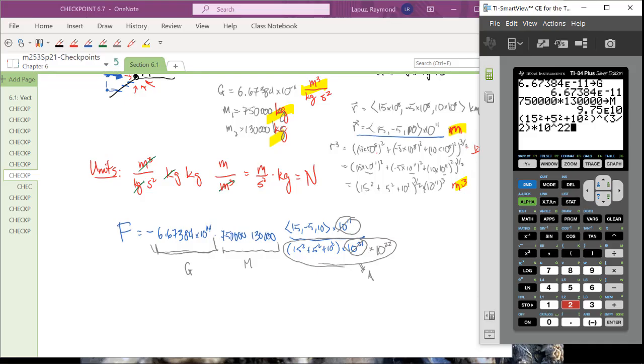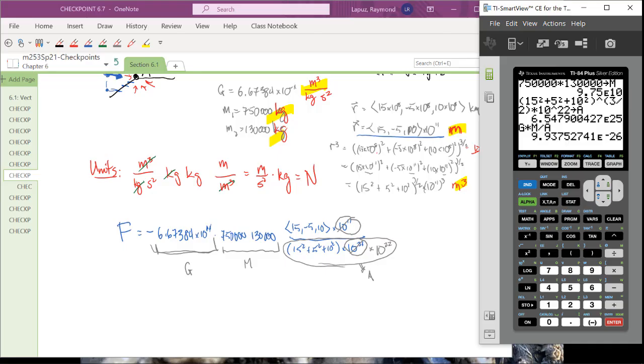Let's store that into the variable A. So if we multiply, we're going to get G times M, and then we'll divide by A, which is what we call the denominator.